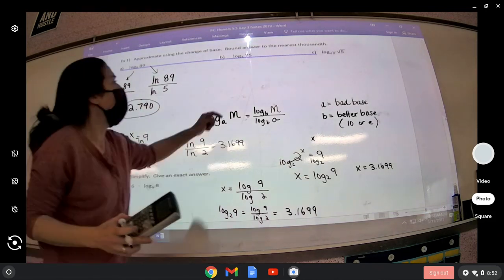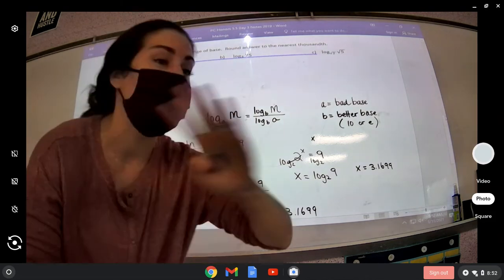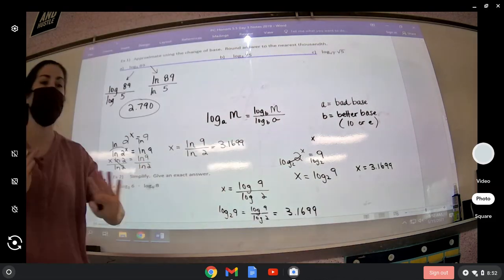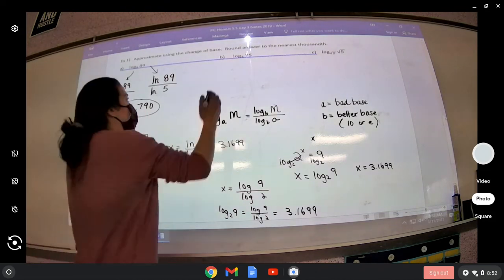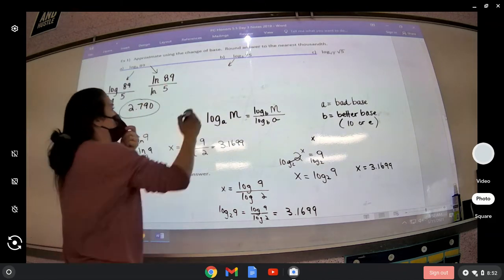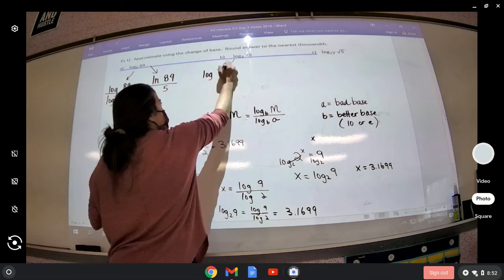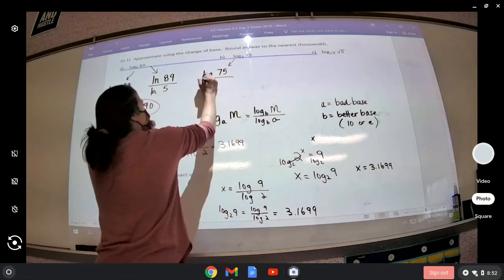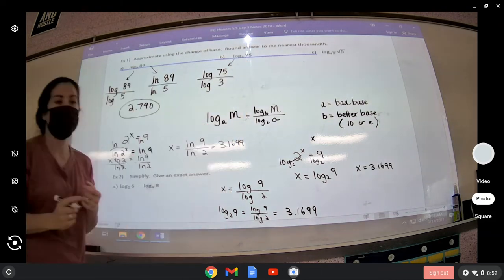All right, guys, what if you were asked to take log base 3 of 75? Let's change the base. Let's get used to using this change of base formula because it's another way we can manipulate things. Let's say we write it as a base 10 log: log better base 10 of 75 divided by log better base 10 of your old base 3.